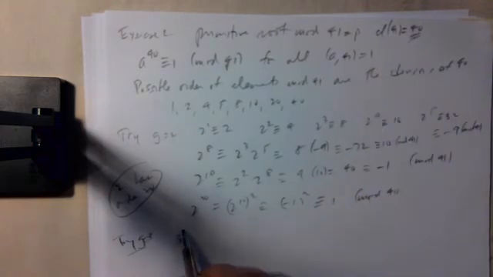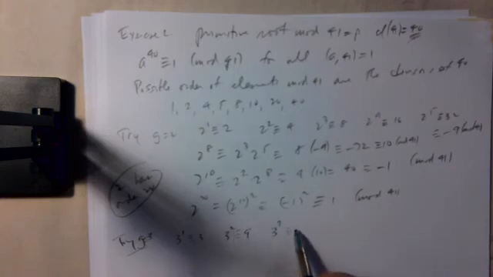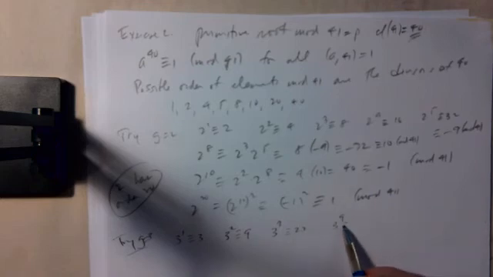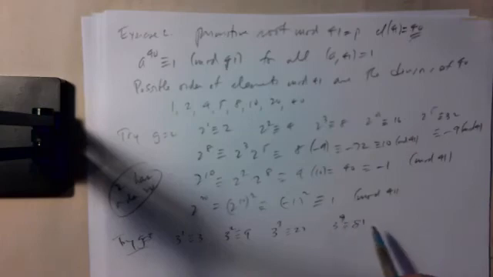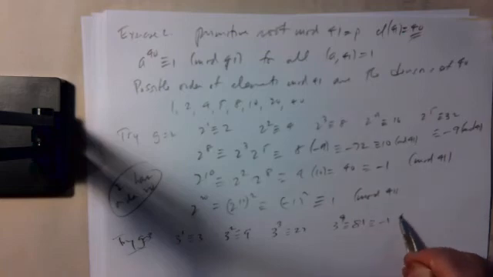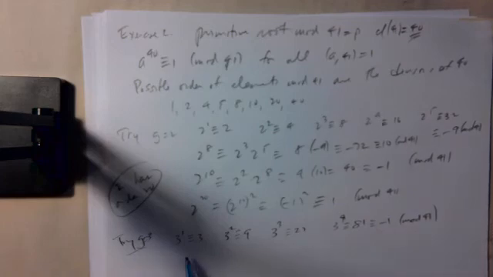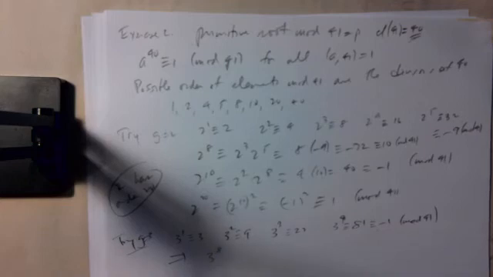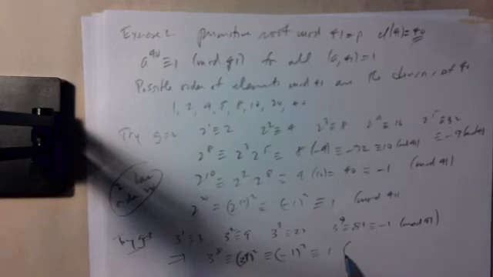Mod 41. 3 to the first power is 3. 3 squared is 9. 3 cubed is 27. 3 to the fourth is 81. Let's see, 2 times 41 is 82. So this is like minus 1 mod 41, which means exactly that 3 to the 8th power, which is 3 to the 4th squared, will be minus 1 squared, which is 1 mod 41.